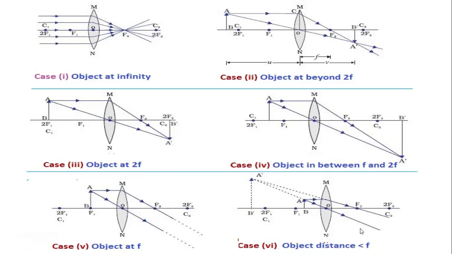So whenever you have diverging lines, you just need to draw them in the backward direction for a virtual image. So this is your virtual image through dotted lines on the same side as the object, and the image is enlarged but virtual and upright. So here are all 6 scenarios for image formation by a convex lens.